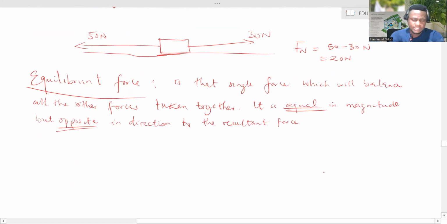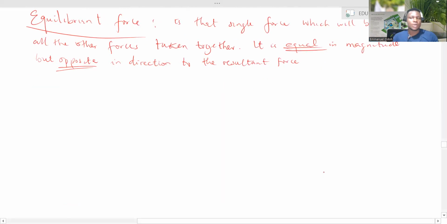I will explain this with a vector diagram where we have three concurrent forces, F1, F2, and F3.